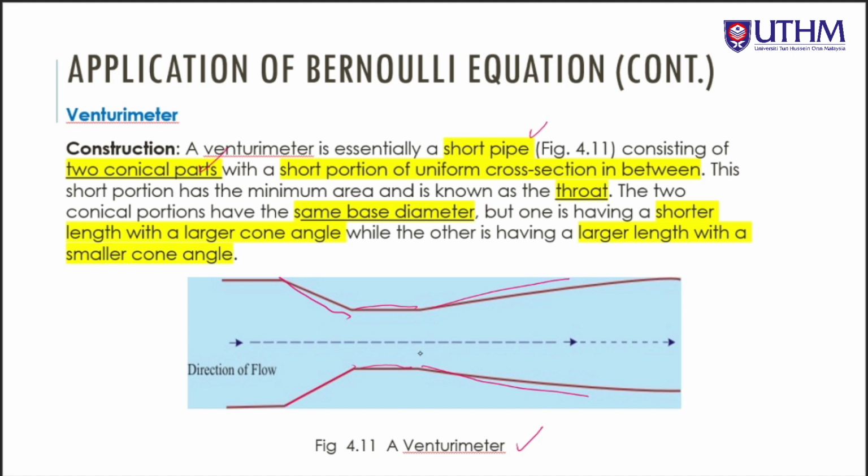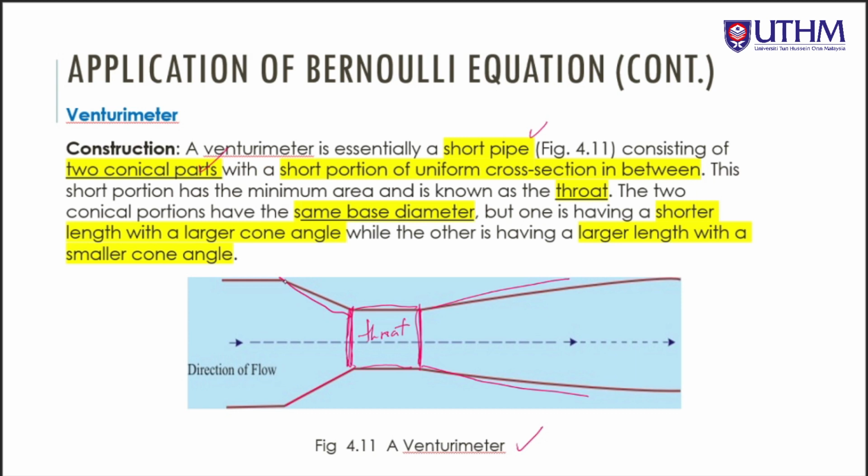And this short portion has actually the minimum area, and it is also known as the throat. The throat. The conical portions have the same base diameter. Kalau kita tengok kat sini kan, untuk kedua-dua ni diameter dia sama je, yang connecting the throat ni.